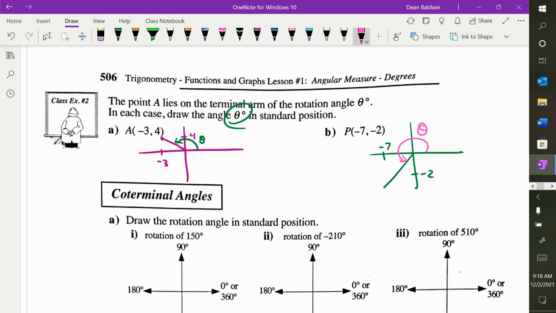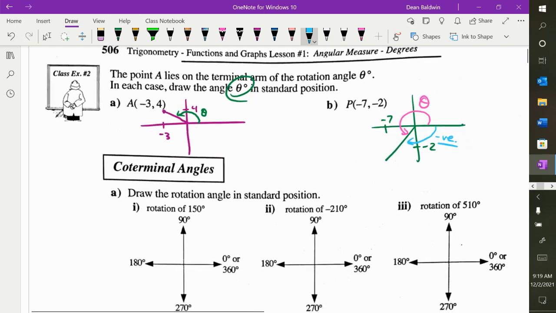No, these are the coordinates, the xy coordinates. But you could say that would be a negative angle. If I rotate that way, I'm rotating the other way.